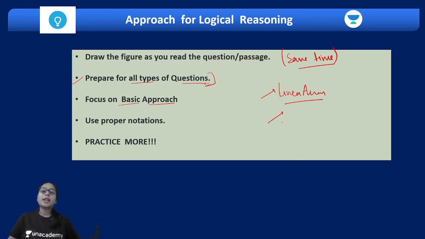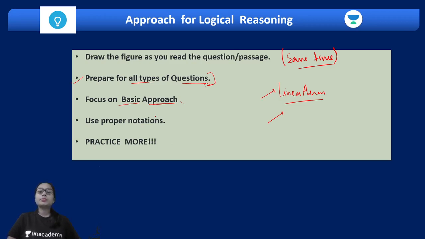Like in blood relations, how do we denote a female or a male, how do we denote a spouse relationship and other relationships? These notations come under basic approach, and they will really help you to answer the question. So focus on all these things and make sure you use the same approach for a particular topic.